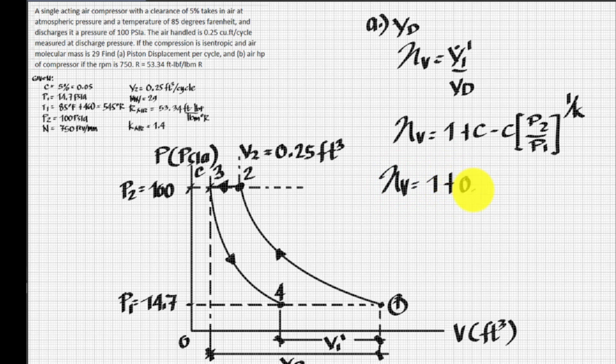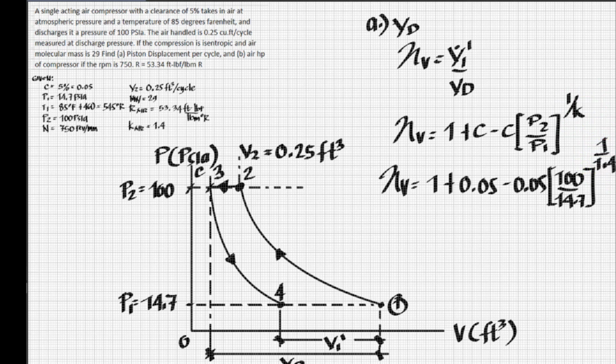1 plus 0.05, sorry, let me adjust this one, 0.05 also. Then multiply the ratio of pressure 2, so we have 100 all over pressure 1, that will be 14.7. This is all in terms of psi, so the units will cancel out, and this is raised to 1 over my 1.4.